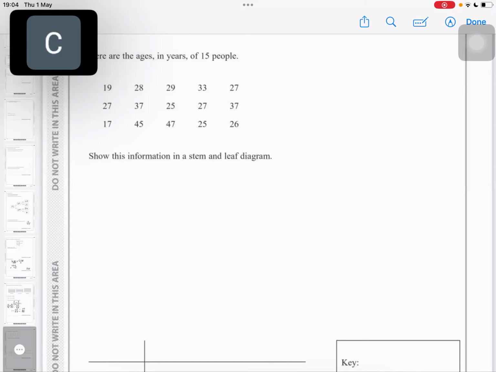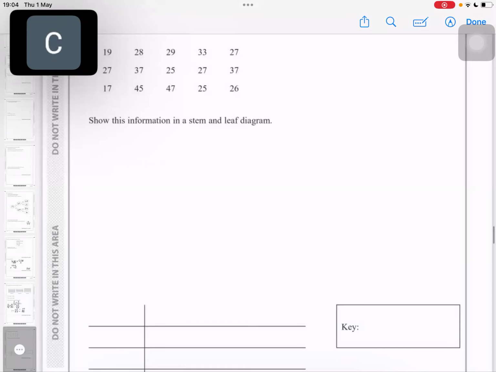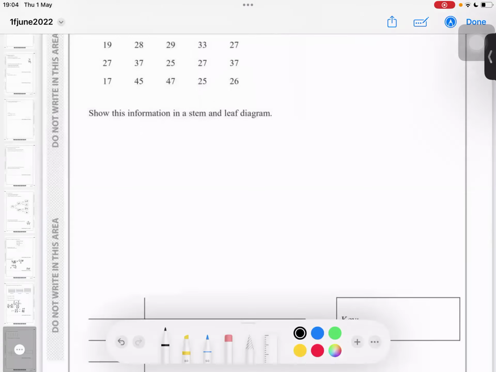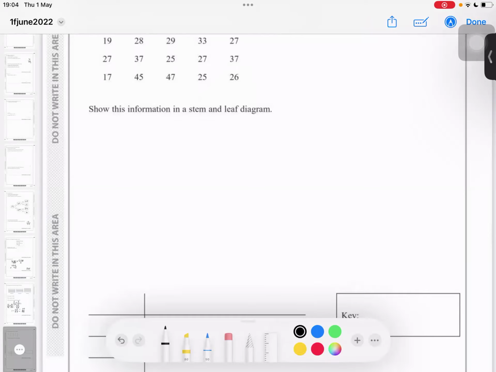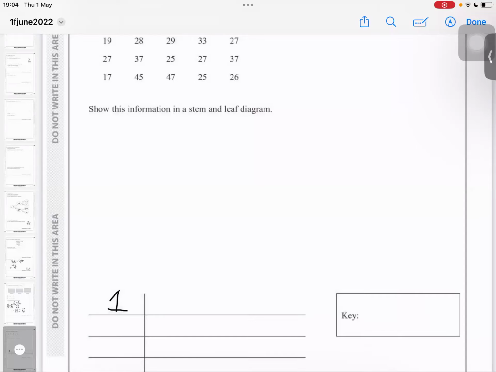I think all of them will be on one branch. I'm not too sure. But okay, let's see what you come up with. So can you do a rough sketch of the stem and leaf diagram? Let's see. Okay, are those lines below there a guide for you to use? Yes. Okay, go ahead then.